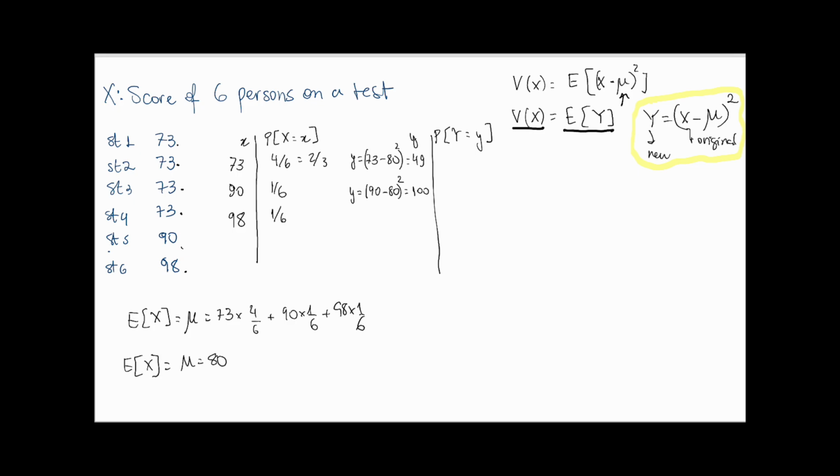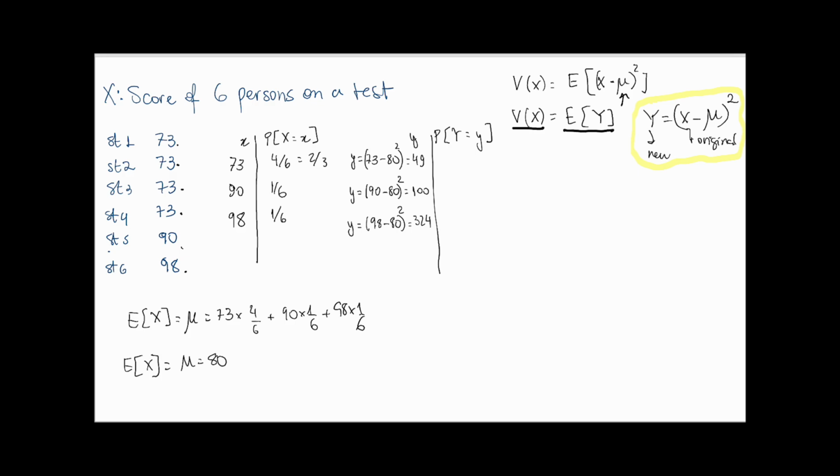And finally, if I have x equal to 98, y will be 98 minus 80 squared. This is 18 squared, which is equal to 324. All right, so this is fine.